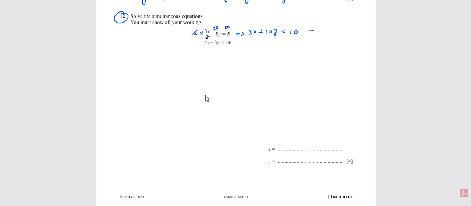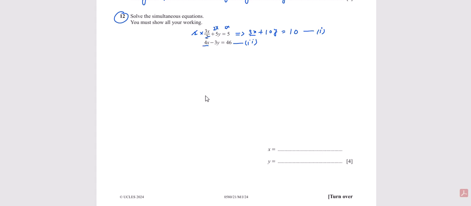Okay, so this is equation number 1 and this is equation number 2. The first value is 3x and the second equation's first value is 4x. If we multiply this equation with 4, because 4 multiplied by 3 we get 12, and here if we multiply 3 by 4 we get 12.